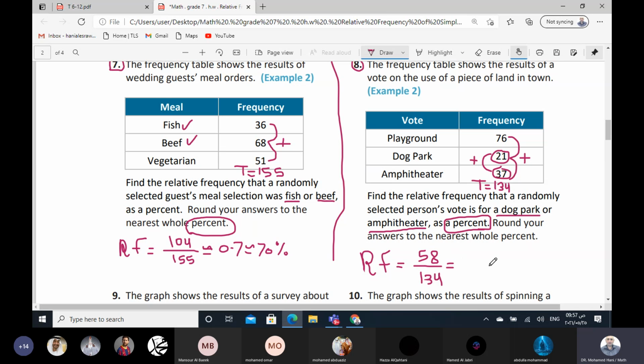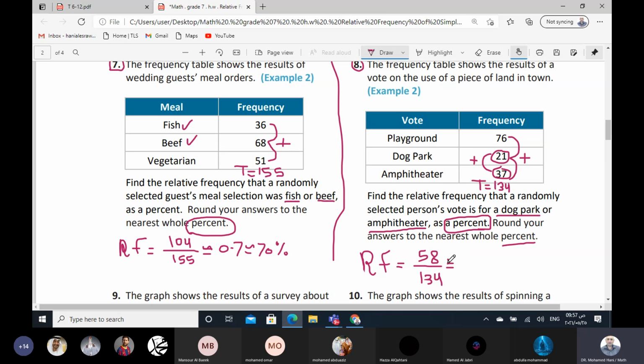Then we want to write the answer as a percent. So try to write it as a decimal first. So do 58 divided by 134. The answer will be 0.432835, etc. We can use the estimate.